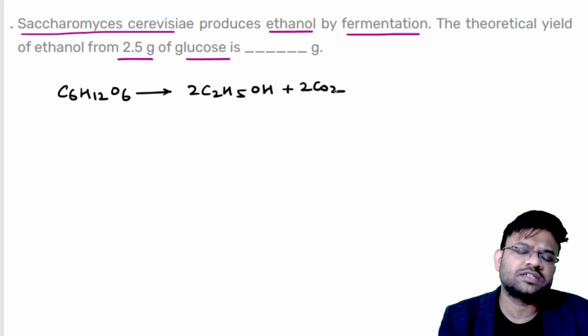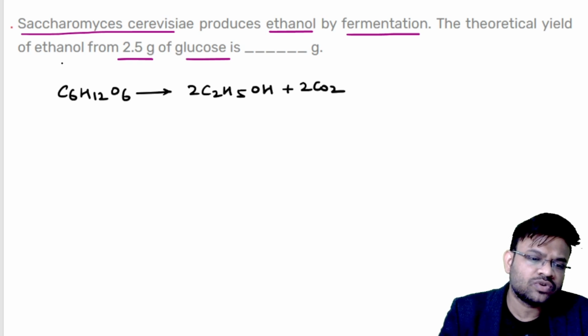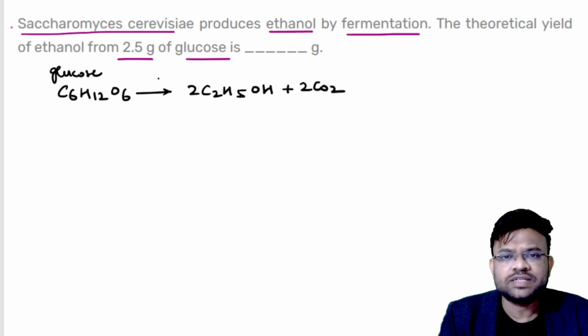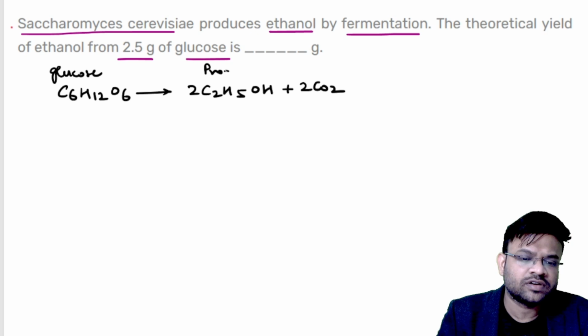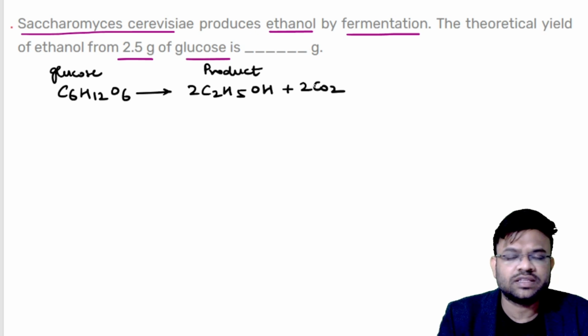This is the general equation that you should be aware about. Now this is glucose, as you should be knowing. Obviously Saccharomyces cerevisiae uses glucose and it produces product, and the product over here is ethanol.